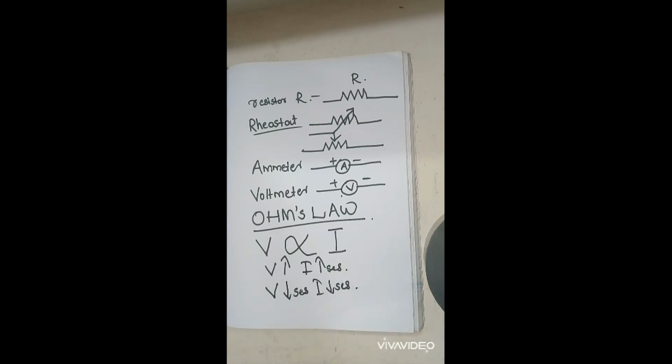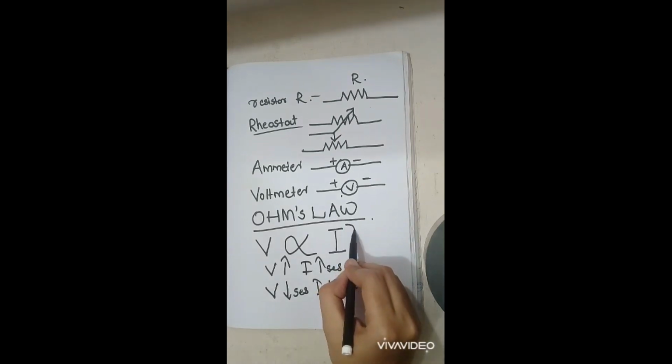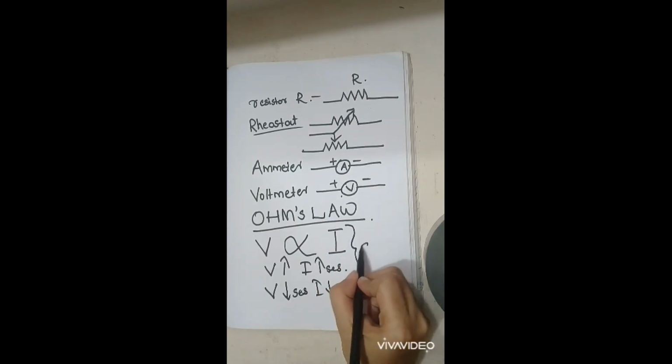But in an electric circuit, as potential difference increases, the current increases, and as the potential difference decreases, the current decreases only at one condition. It does not happen all the time. It happens only at one condition. And what is that condition? That is at a constant temperature.